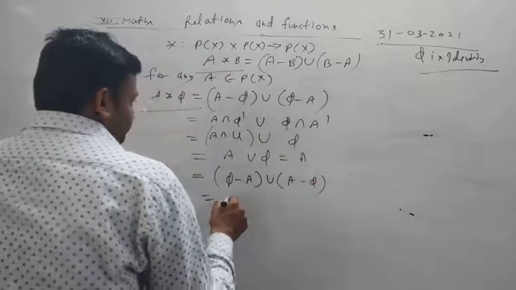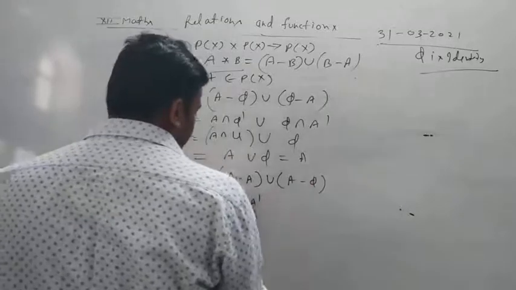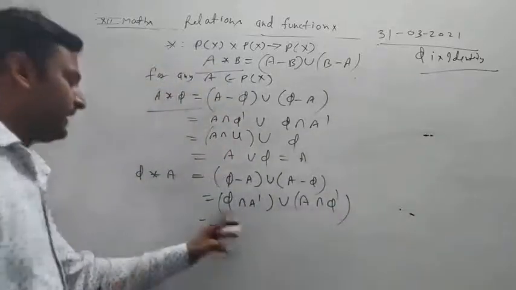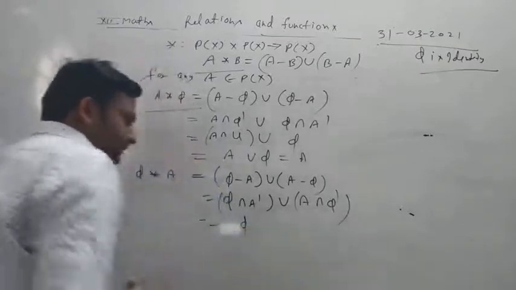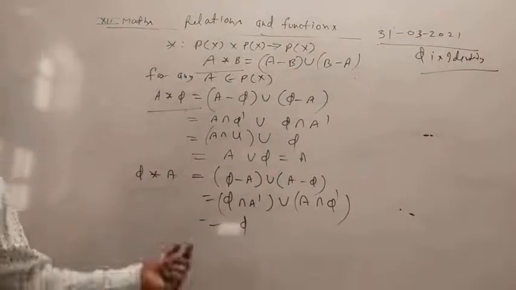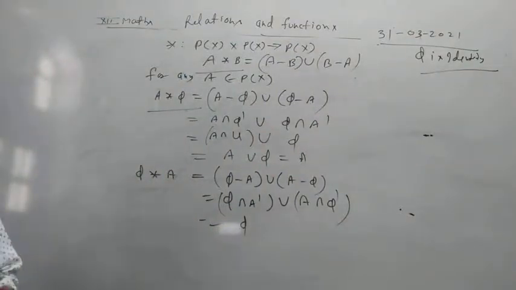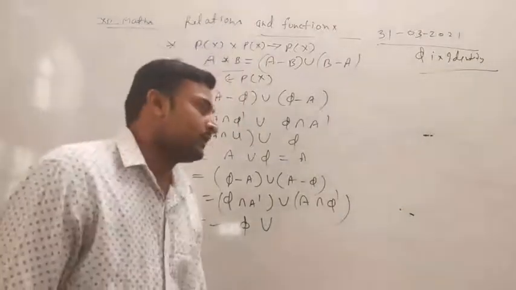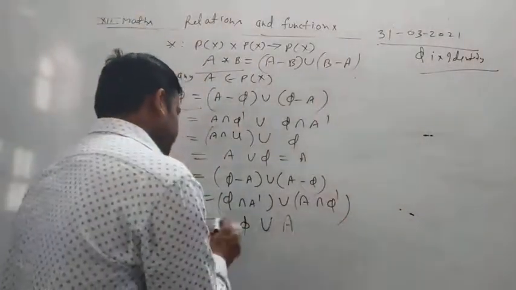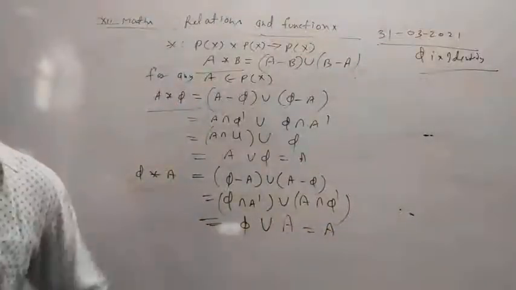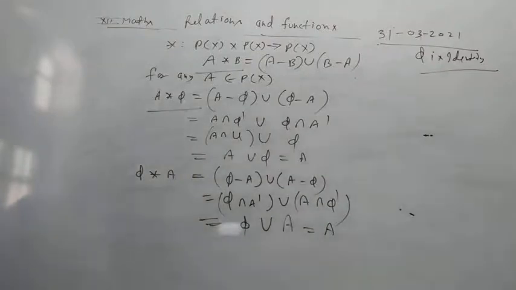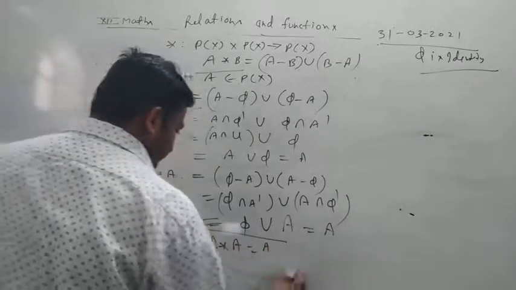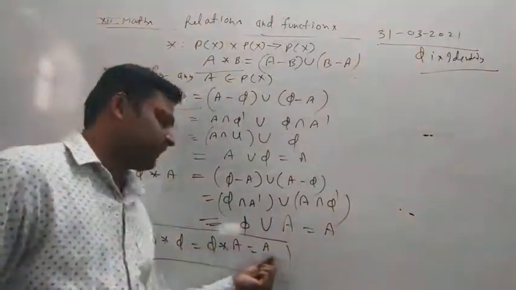So this we write phi intersection A dash union A intersection phi dash, and phi intersection A dash is phi, and A intersection phi dash is equal to A, so this is again A, phi union A. So we are seeing that A star phi is equal to phi star A is equal to A.